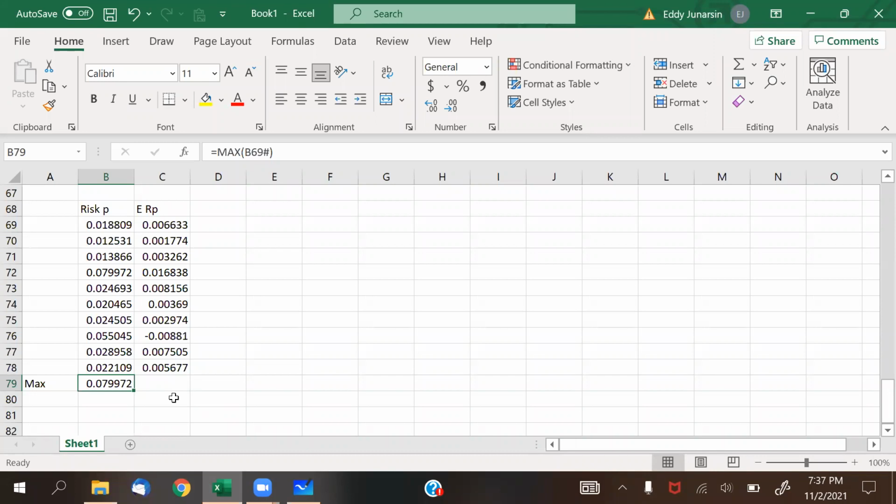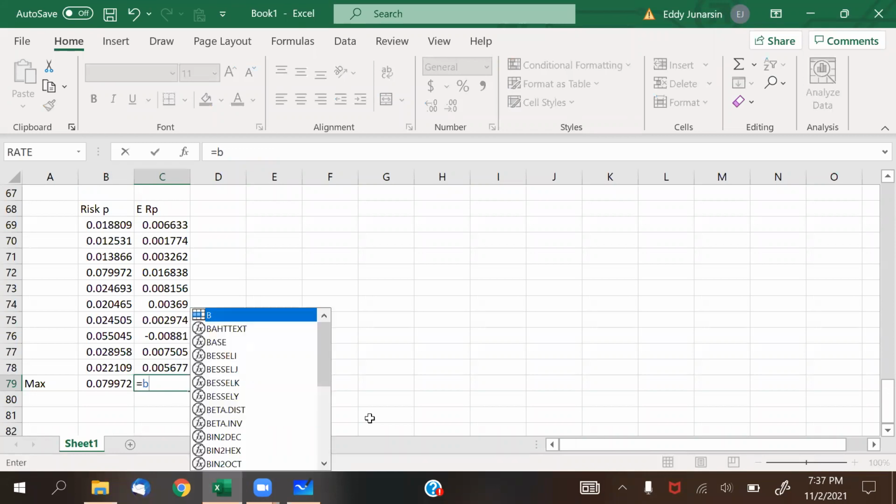Individual assets. What would be the expected return? The expected return we can use, again, make it easy. We remember the B, C, D that we did above.